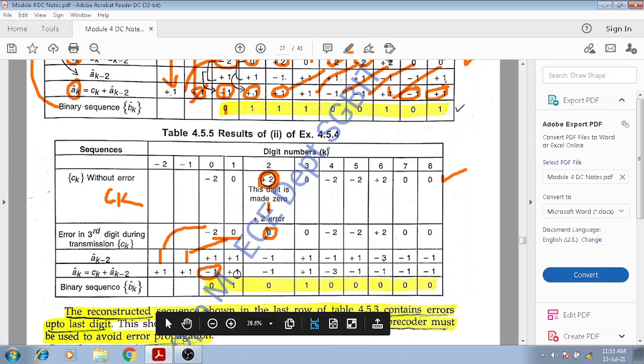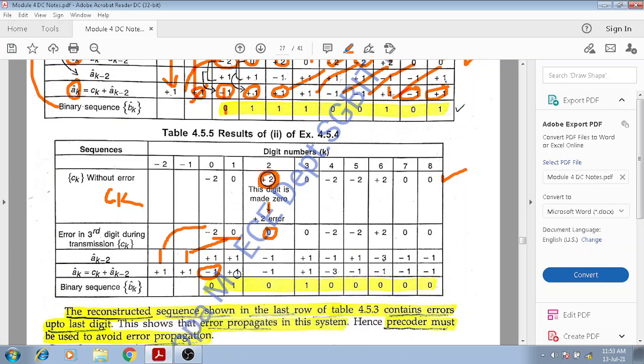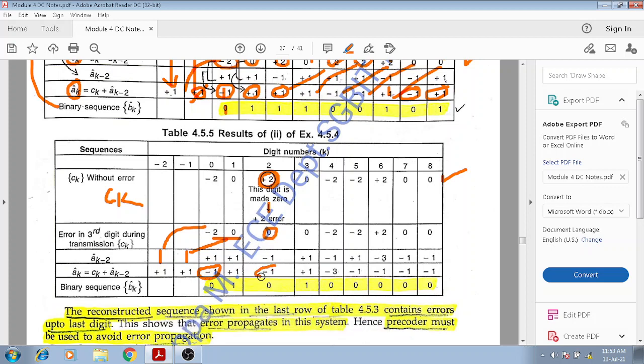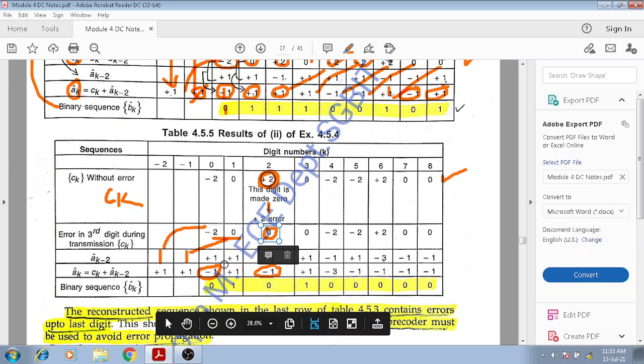Yes. Next, for this bit, this minus 1 becomes 0. So 0 minus 1 is minus 1. 0 minus 1 is minus 1. Next, for this 0, this plus 1 is ak minus 2, 0 plus 1 is plus 1. Minus 2 plus minus 1, minus 3.